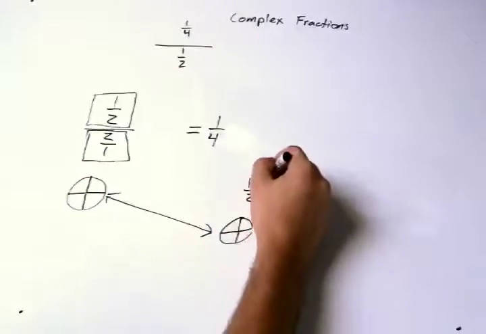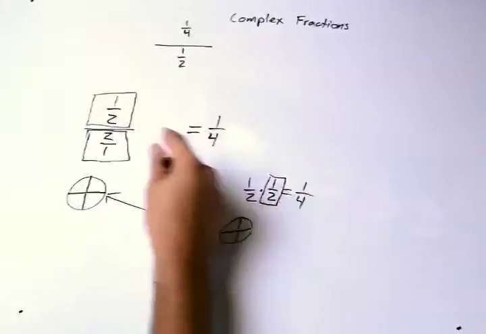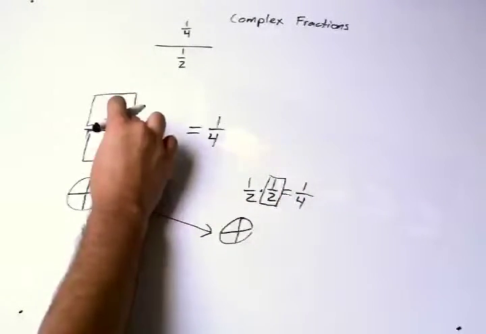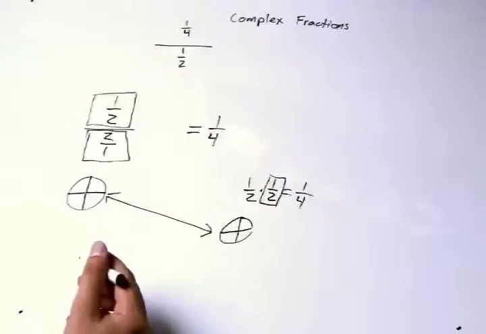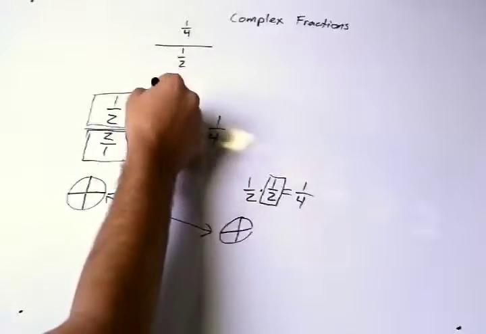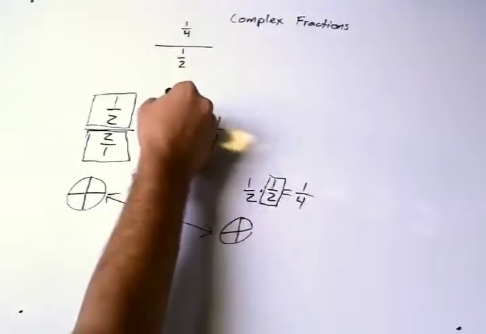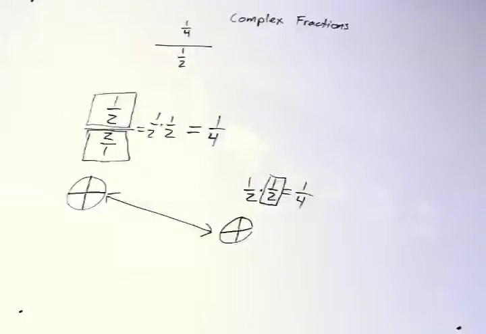Oh hey, check this out. 1 over 2, that's the reverse, the reciprocal of 2 over 1. So this means whenever I have a complex fraction, I should multiply by the reciprocal of the bottom part of the fraction, and I would end up getting the same thing, which makes sense. Multiplication and division are inverses of each other.